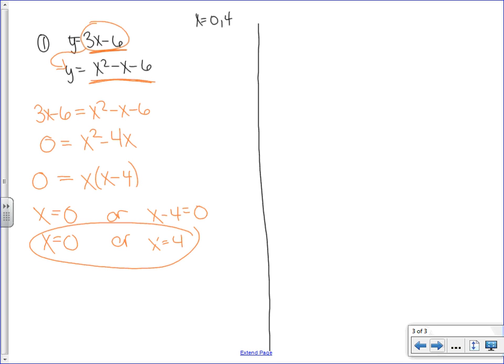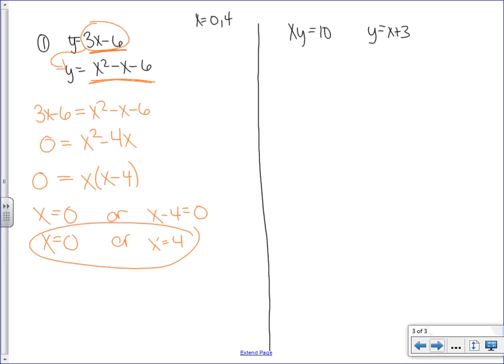Now number 2, you also could have done the same way by putting it into your calculator, but it says determine algebraically, so you should show some work. They give us x times y is equal to 10, and y is equal to x plus 3.